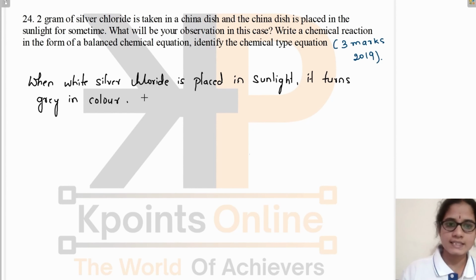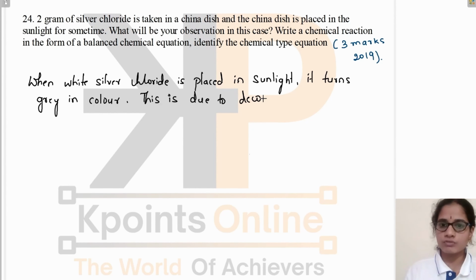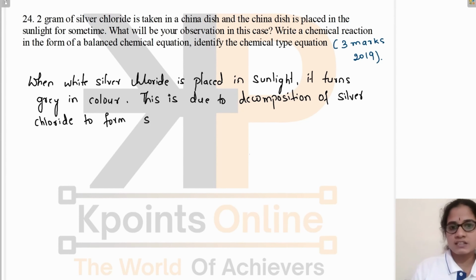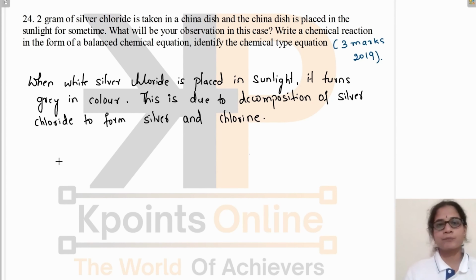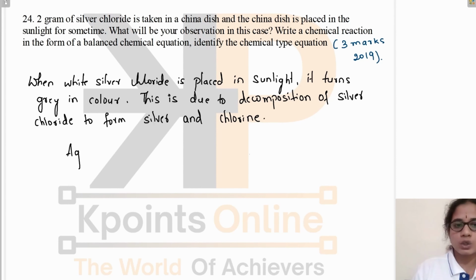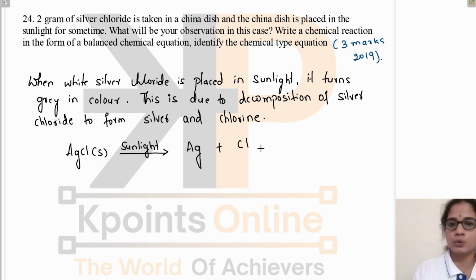This is due to decomposition of silver chloride into silver and chlorine. What happens here? Silver chloride, when it is kept in sunlight, forms silver and chlorine.